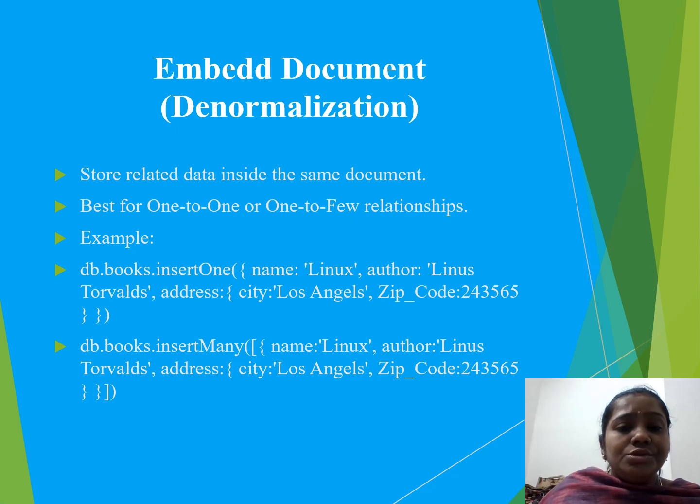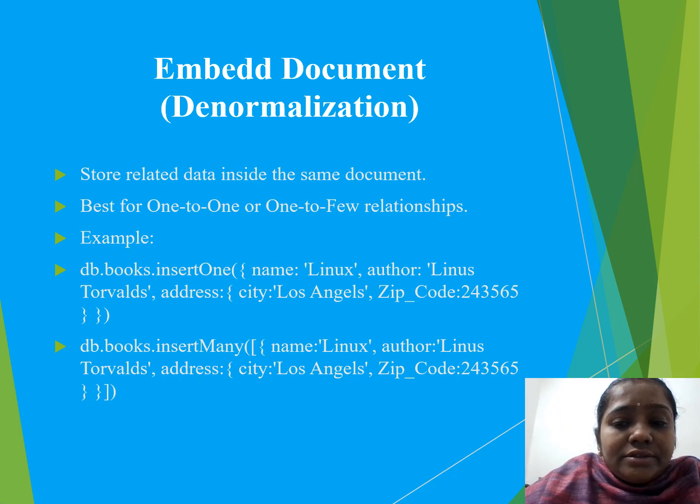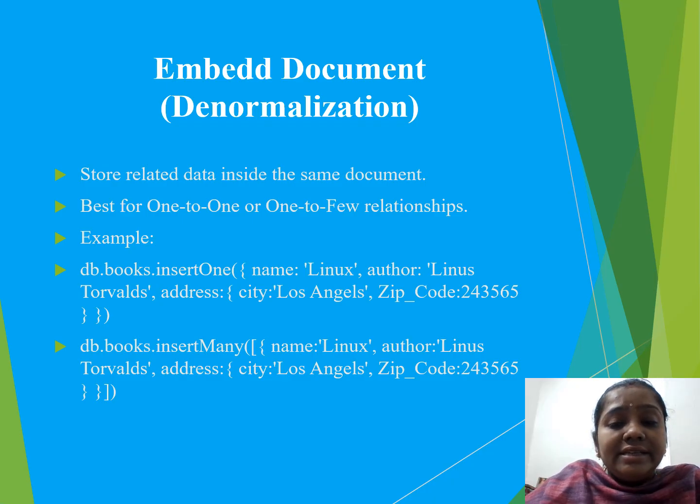So this is used to insert a document with one record, whereas the next step is used to insert a document with different types of records. It contains name as Linux and city as Los Angeles, and also it contains another document with the denormalization method. So this is one of the implementation methods used in your NoSQL.